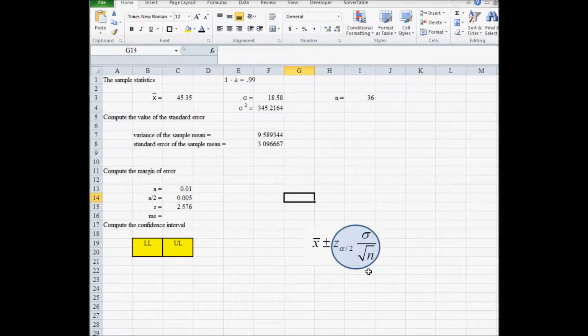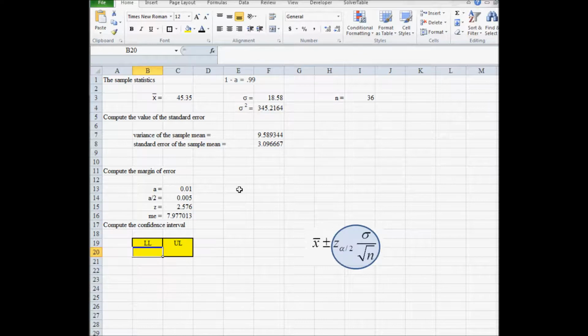So now all I have to do to get the margin of error is multiply the standard error by the z value. So my margin of error is 7.977013. The confidence interval is just the sample mean plus or minus the margin of error.